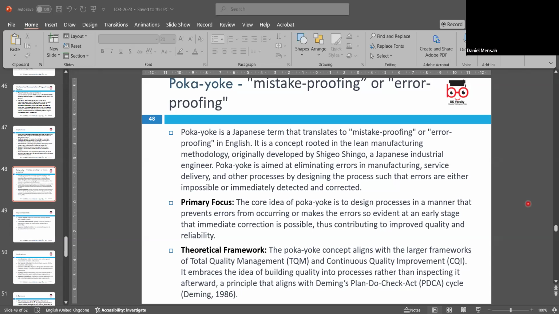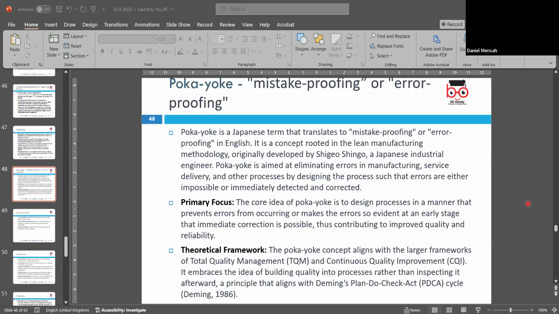These concepts also fit largely with quality frameworks like total quality management and continuous quality improvement. It fits with both of them, where the focus is on continuously improving processes to enhance quality. It also connects with the PDCA cycle. You know what the PDCA cycle is. The PDCA cycle emphasizes proactively building quality into the processes rather than inspecting or correcting errors afterward. So they want to design the process in a way where errors will not occur in the first place.